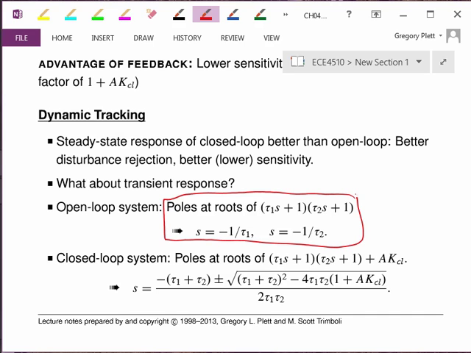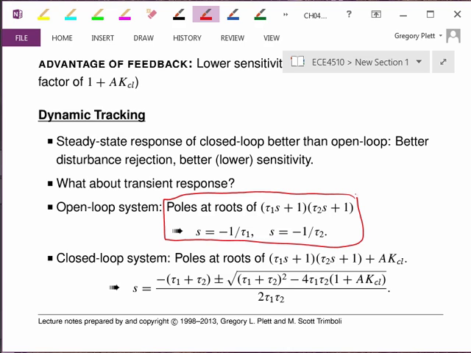If it was too fast or too jittery or too much overshoot or too much something, well, it's still what it was. The open loop system did absolutely nothing to change the transient response.